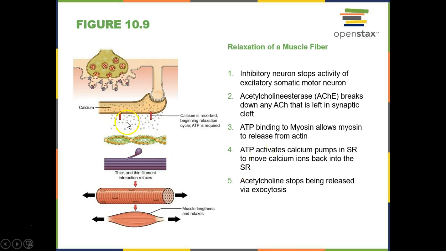Any acetylcholine that's left over in the synaptic cleft is going to be broken down by acetylcholinesterase, the enzyme that breaks down acetylcholine. ATP binds to myosin, allowing myosin to relax and release from actin. ATP also binds to the calcium pumps, pumping calcium against its concentration gradient, from lower to higher concentration, back into the sarcoplasmic reticulum.